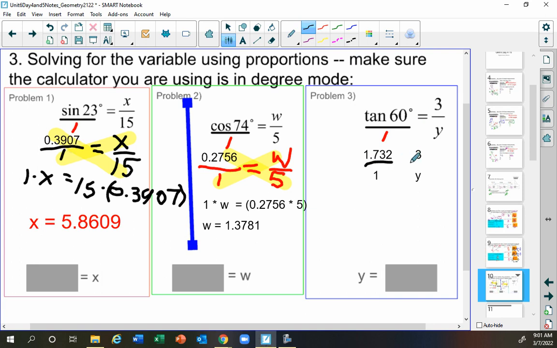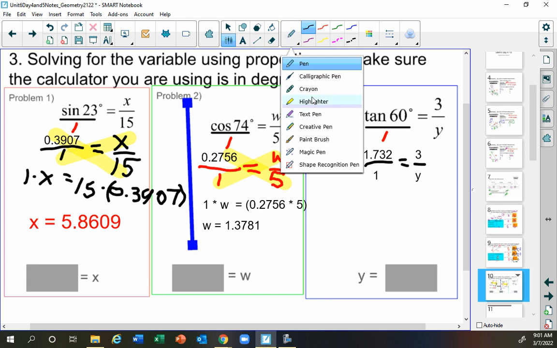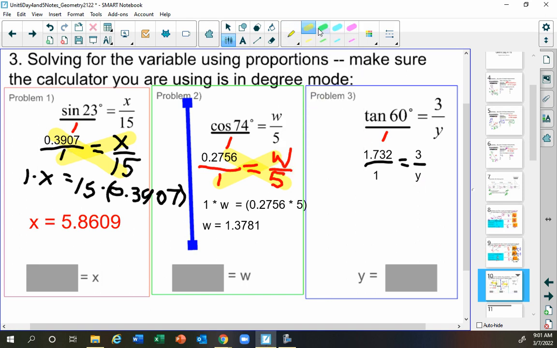So this is our proportion. 1.732 over 1 equals 3 over Y. Now, just like before, we're going to do our diagonals. So obviously what's 3 times 1? 3 times 1 is 3.